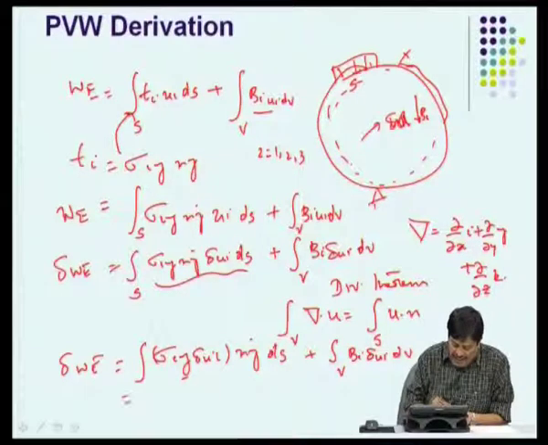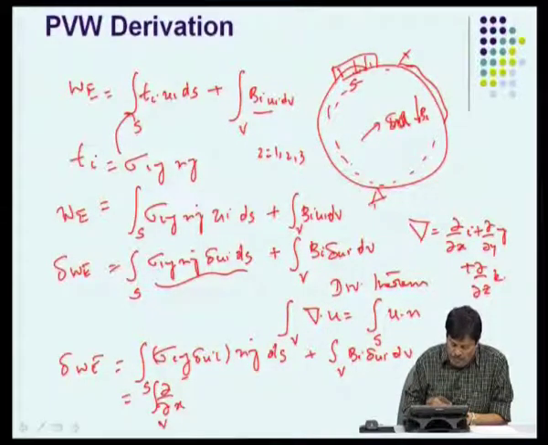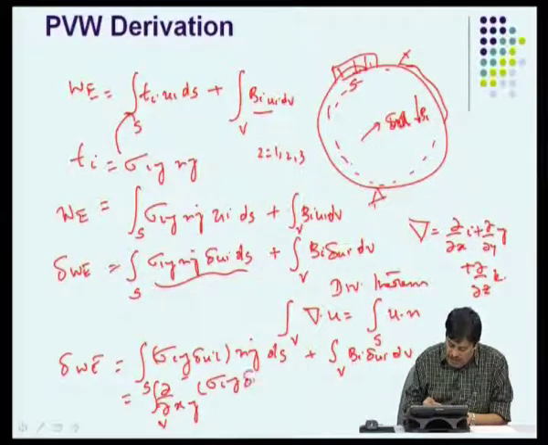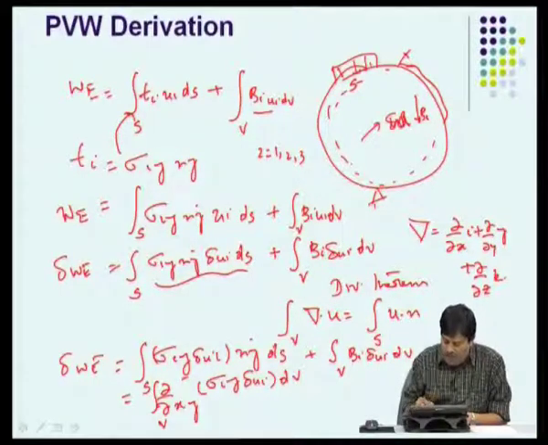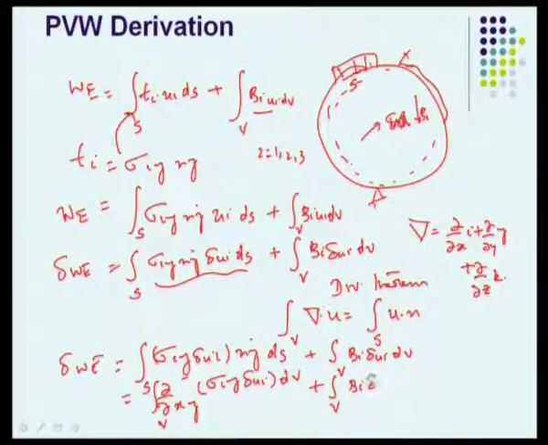This I can write essentially, the surface integral can be written over the volume as d by dxj of sigma ij into delta Ui dV. So, this is converted into a volume integral, plus the integral over V of Bi into delta Ui dV.